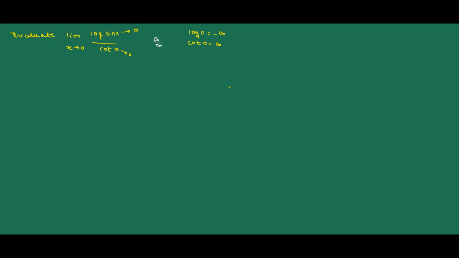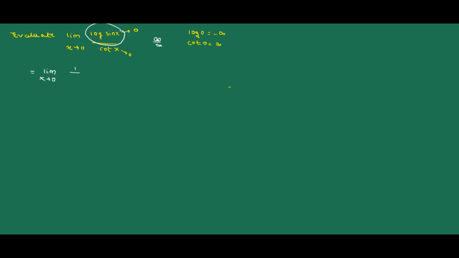So the given question is in the form of infinity by infinity. In such cases, you can use L'Hospital's rule. What is L'Hospital's rule? You have to differentiate numerator and denominator separately. Limit x tends to 0. What is differentiation of log sin x?